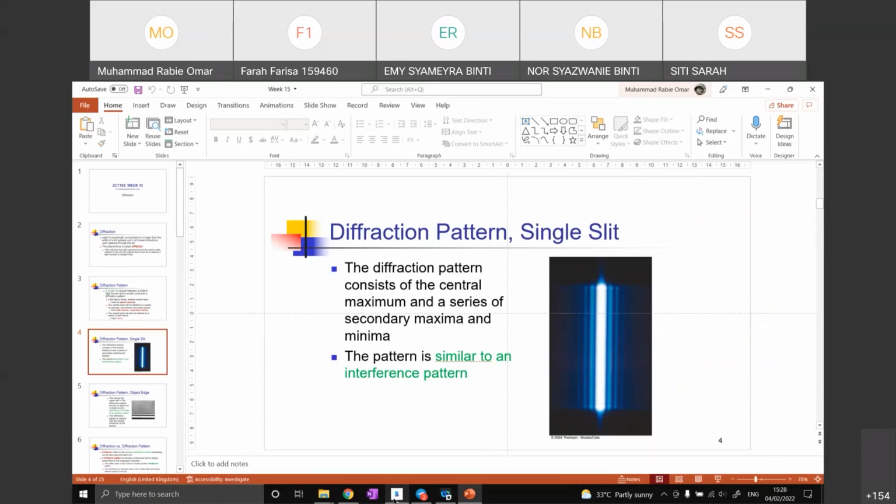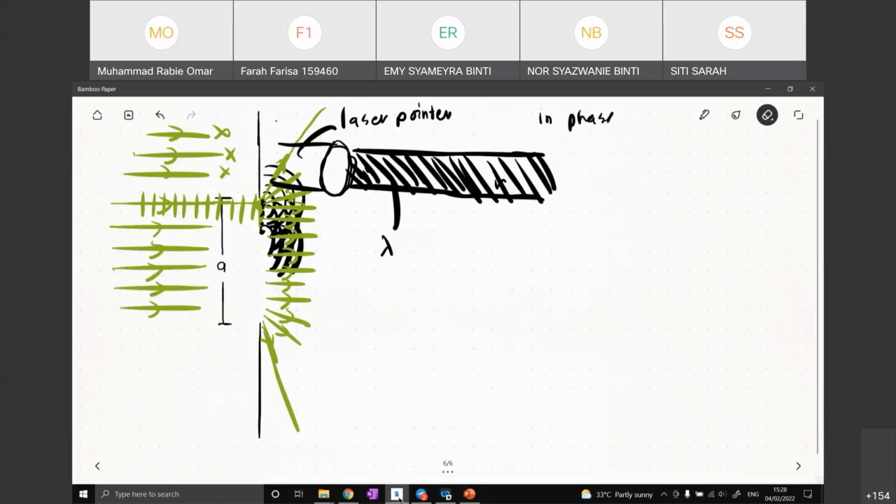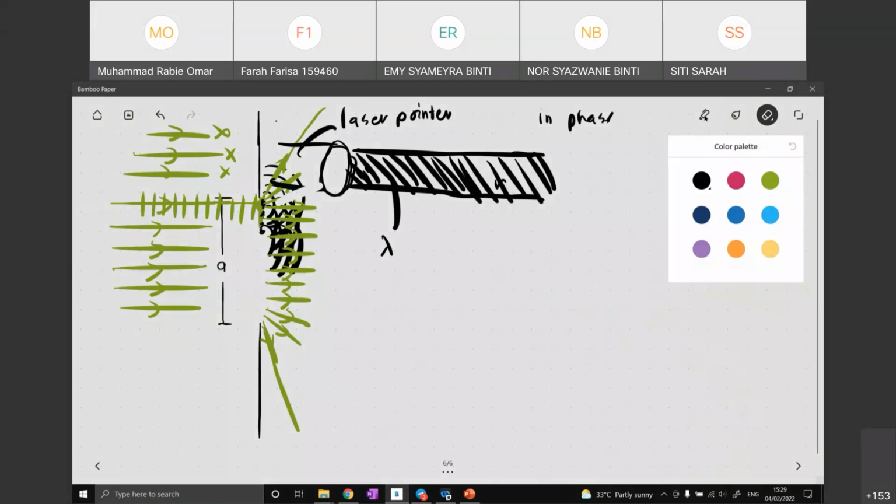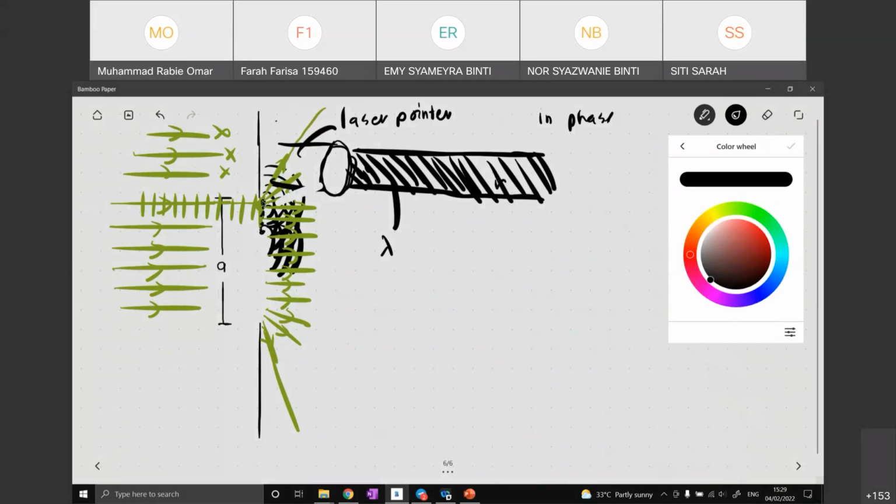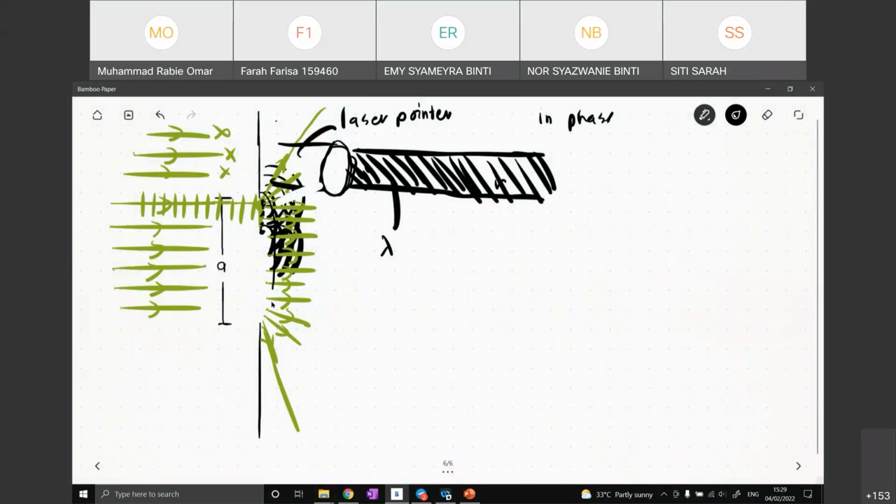Okay. Next, let's dive into the technical part. Hopefully, at this particular point, you guys understood that whenever a coherent light source passes through a slit, then the light wave will expand. It will expand over here, here, here, here, like that. So meaning to say, if I redraw the wavefront, the wavefront will look like this.